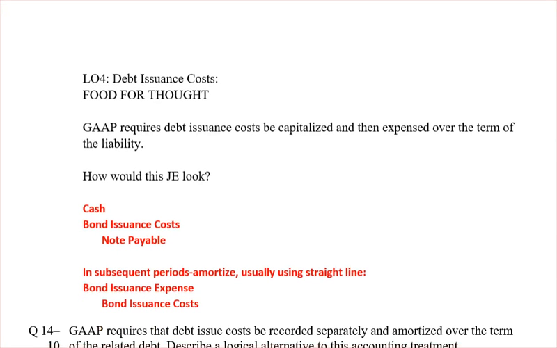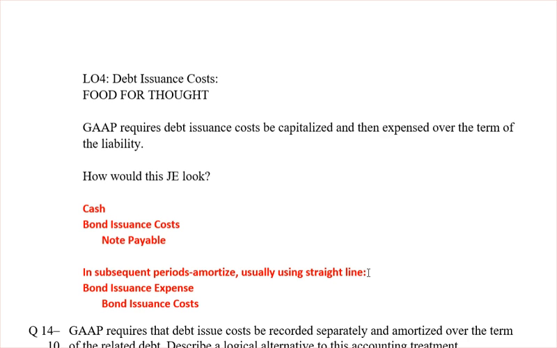More problems there. Food for thought. Debt issue costs must be capitalized and expensed over the term of the liability. How do you do that? Well, you would show it as a bond issue cost, and you can use the straight line method as long as that is not a material difference from putting it in with your discount and increasing your discount.